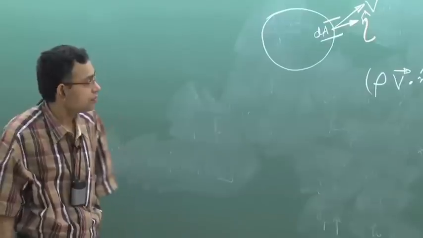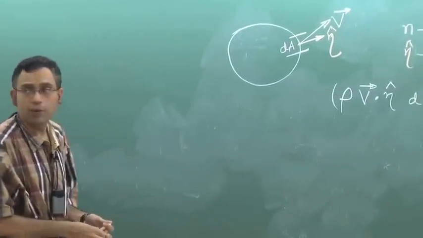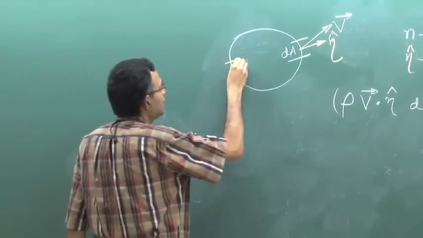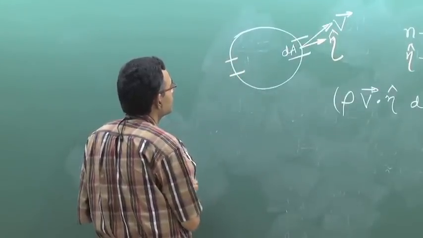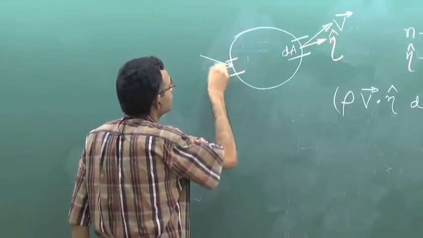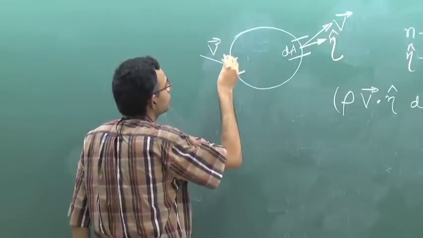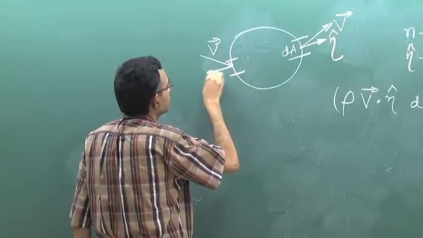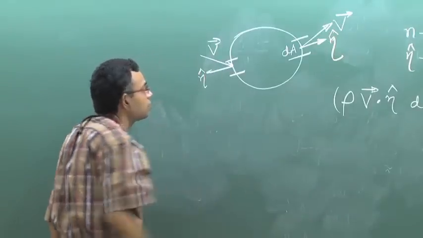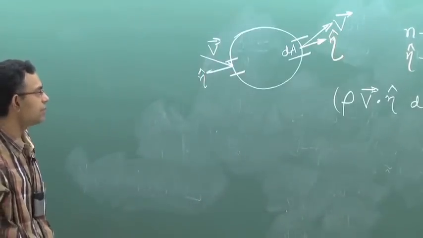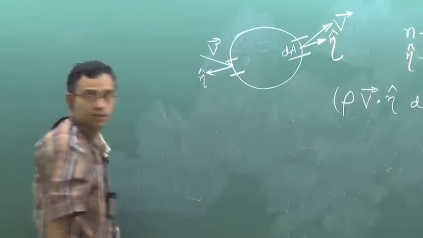Okay. Let us think about an inflow boundary. Let us say this is an inflow boundary. What will be the difference between the inflow and the outflow boundary?